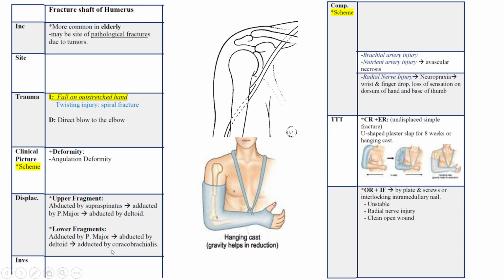Our mnemonic in the card number, we said B for brachial artery injury, R because there is radial nerve injury which is represented with wrist and finger drop, and then we said U because the best treatment is U-shaped plaster slab, or H hanging cast, 8 for 8 weeks, and if failed there will be interlocking intramedullary nails as the treatment of choice.